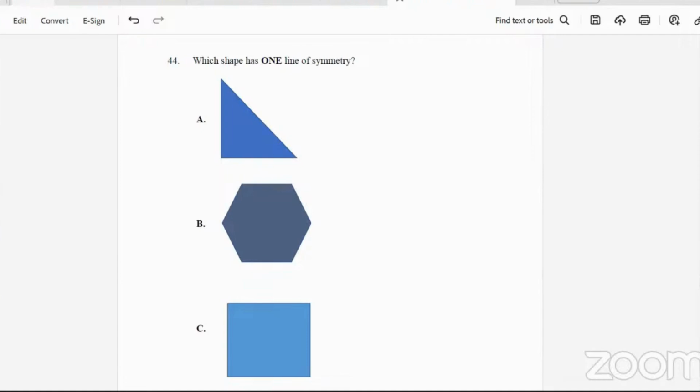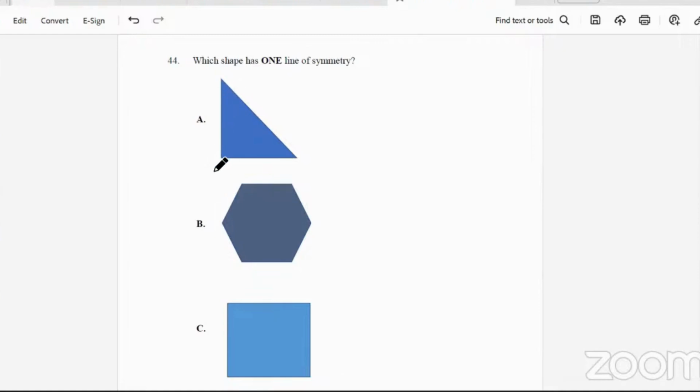So how many different ways can we cut this shape and possibly have more than one line of symmetry? Okay, is it possible to cut these shapes in more than one way and get different lines of symmetry? All right, but it says which shape has one line. Okay, so when we look at the triangle, how many different ways could we cut a triangle in half and have different possible lines of symmetry?